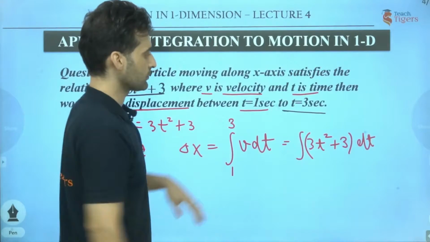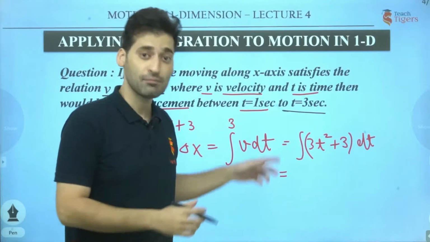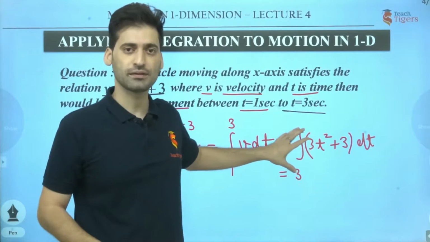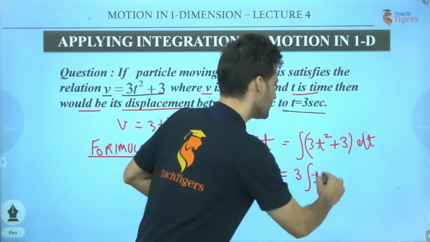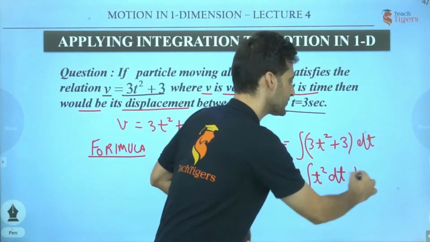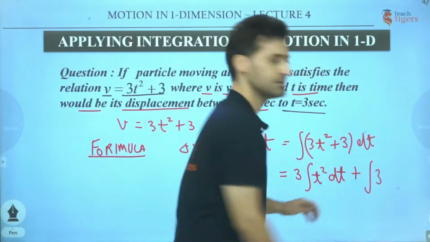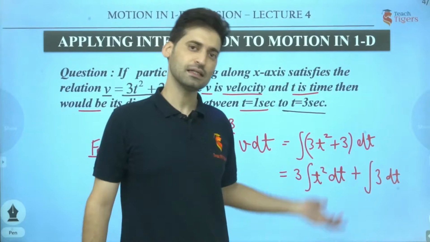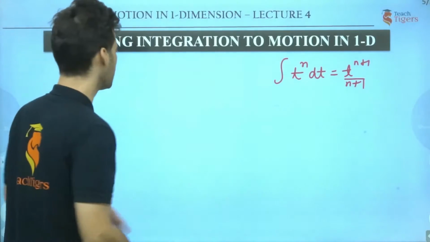So that's what I am using over here. You can take 3 outside as common, and then I put integration over here. You see here t square I put it like this, and dt I multiplied inside, plus I kept it as it is, integration of 3 again dt, like this. I have opened this formula like this. Not a big deal, it's very easy to do. Now let's solve it further from here.